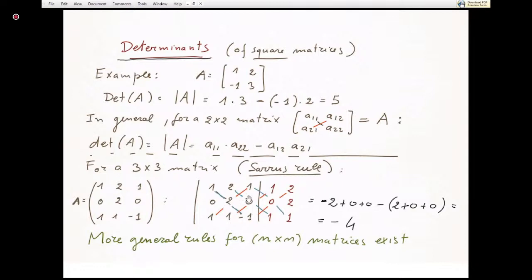So you compute the sum of the blue, which are the so-called diagonals. They are diagonals similar to this one, okay? From top left to bottom right.